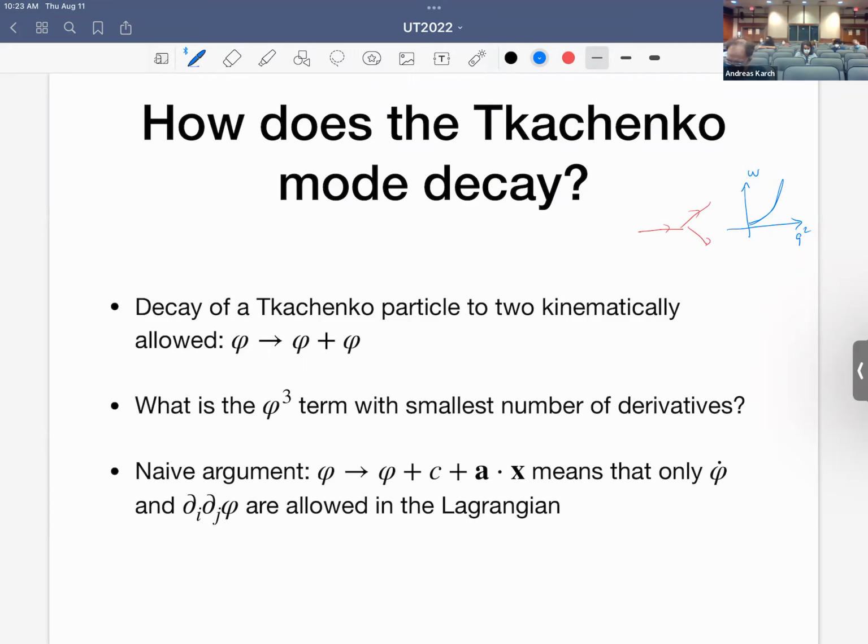This means that Lagrangian terms that contain phi by itself, or phi with only one spatial derivative acting on it, should be forbidden. So the terms we can write down have to have a sufficient number of spatial and time derivatives to kill off this c and a times x that we could add to phi.